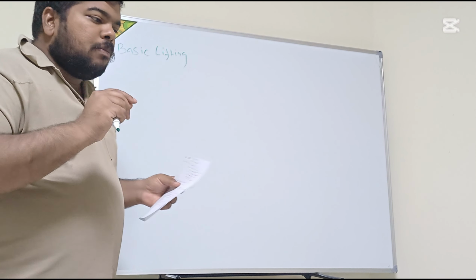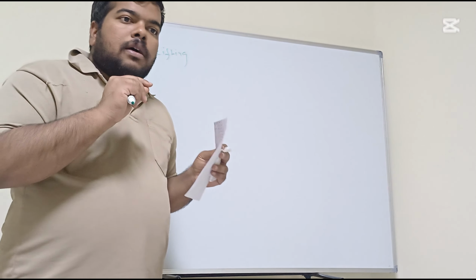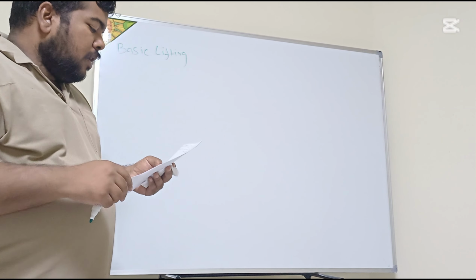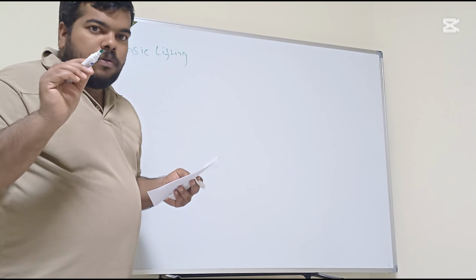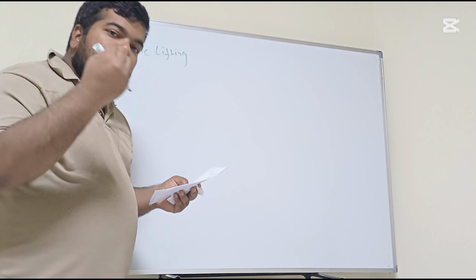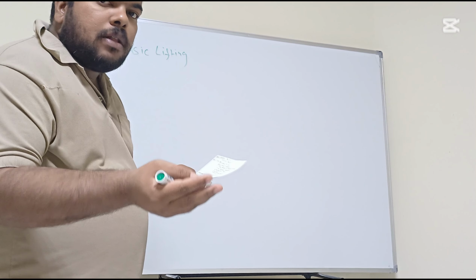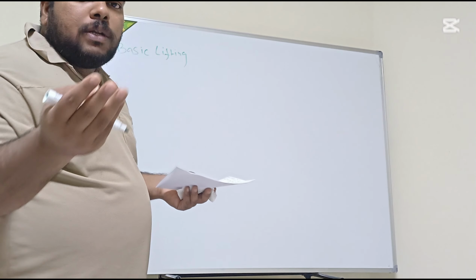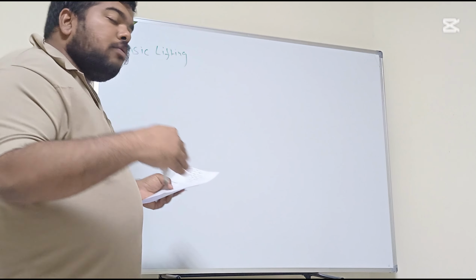And the third, which is the most complex operation, is called complex lifting. Complex lifting involves an unknown weight. So what weight you are going to lift is going to be unknown, or you are lifting some dangerous equipment like chemicals and hazardous material like radioactive material. Also there will be tandem lifting.